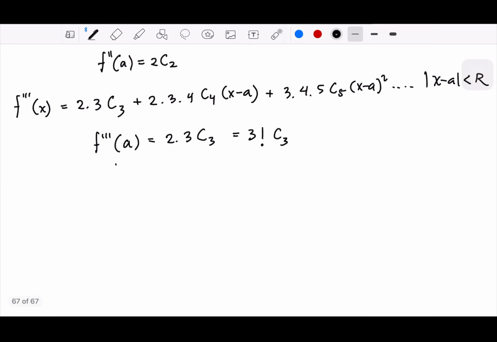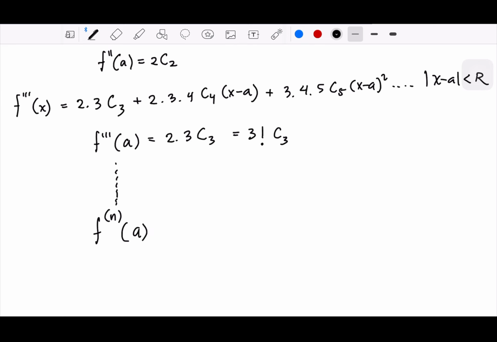So if we have f differentiated n times, evaluated at a, this will equal 2 multiplied by 3, multiplied by 4, multiplied by 5, dot dot dot, up until n of Cn, or we can write it as n factorial times Cn.